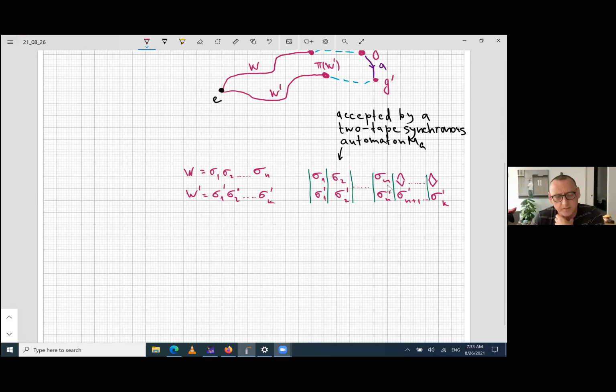The Dehn function for asynchronous automatic is upper bounded by quadratic, exponential. So you still don't get lamplighter and things like that. In fact, I think it's still an open question, the interaction between asynchronous automatic and, for example, Cayley automatic.